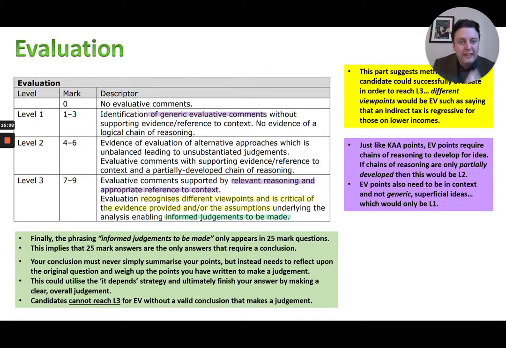Now, a key phrase here is "it depends." So you could utilize the "it depends" strategy and ultimately finish your answer by making a very clear overall judgment. Candidates cannot achieve level 3 for evaluation without a valid conclusion that makes a judgment.